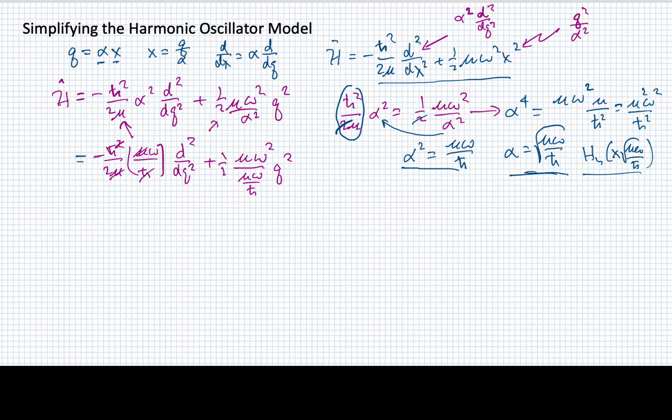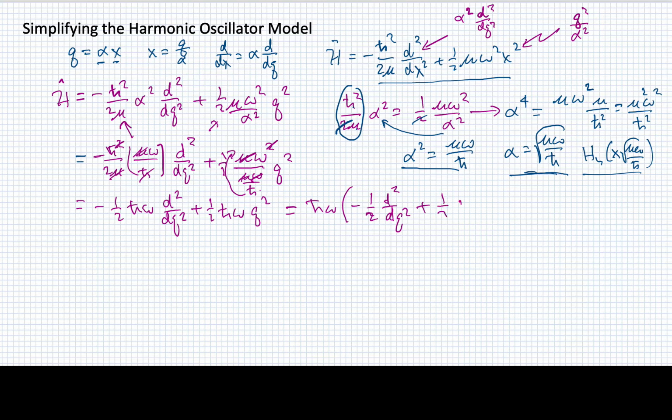One of the factors of h bar cancels here, and I'll end up with negative 1/2 h bar omega d squared/dq squared plus, and this is supposed to be the same, so let's check and make sure it comes out that way, and the h bar will now come up to the numerator, so I'll have 1/2 h bar omega q squared. Or another way I can write this is h bar omega times negative 1/2 d squared/dq squared plus 1/2 q squared.